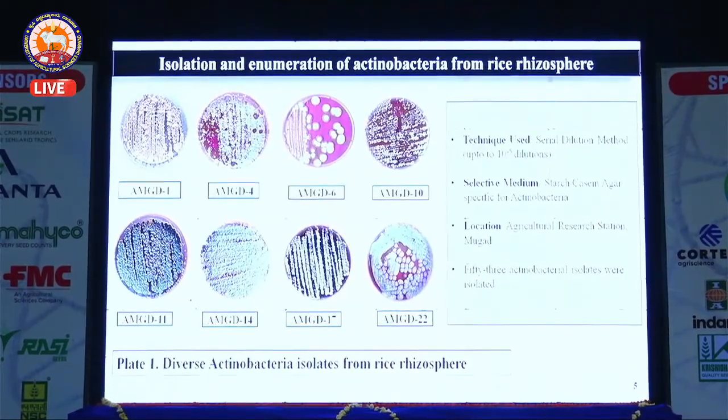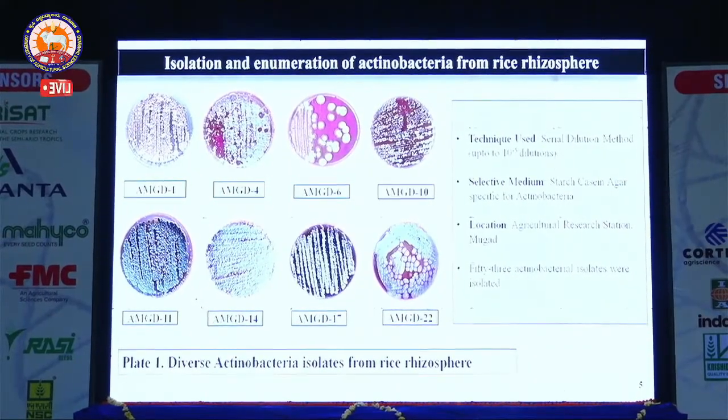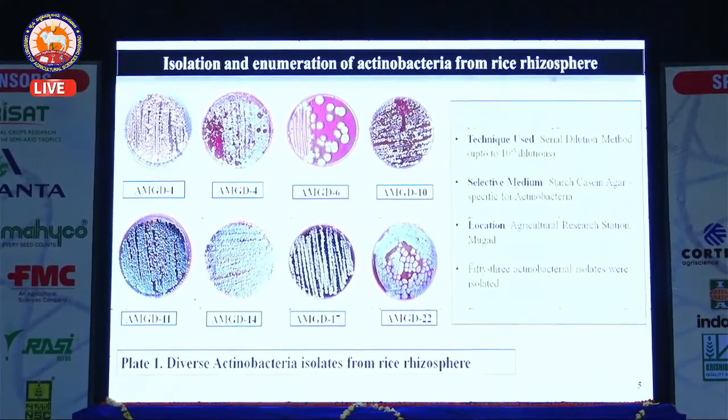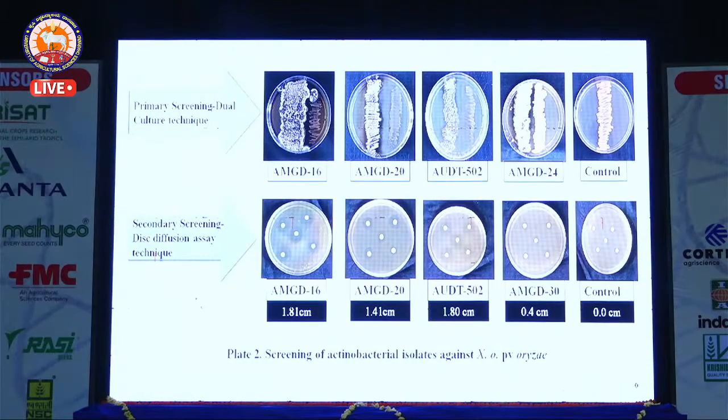These are the diverse actinobacterial isolates from the rice rhizospheres, isolated using the serial dilution method in starch casein agar medium. Primary screening of the actinobacterial isolates was done using the dual culture plate, and 8 isolates were found to be effectively reducing the disease, and they were taken for secondary screening in disk diffusion assay.